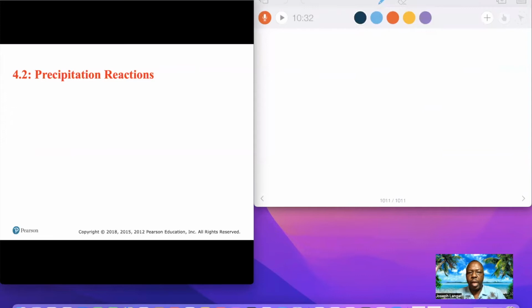4.3 precipitation reactions. At the outset, you should know that there are about 7 types of reaction.